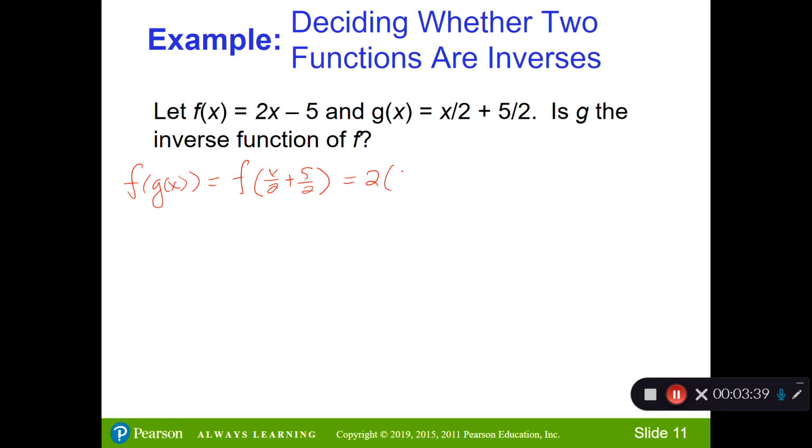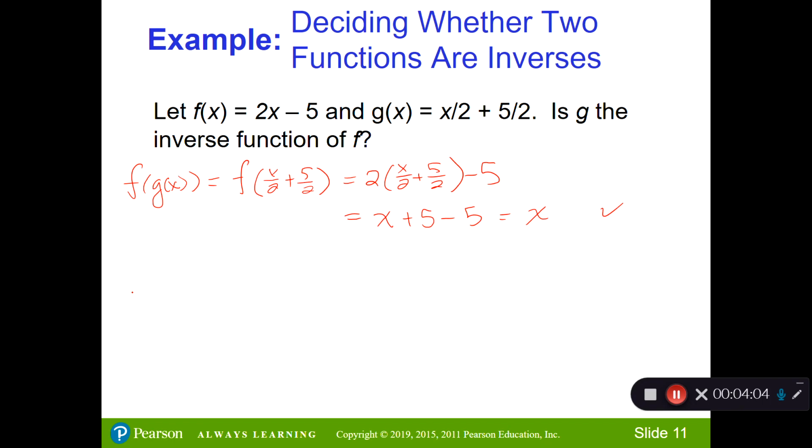So 2 times this x is now this guy, x over 2 plus 5 over 2 minus 5. Go ahead and distribute the 2, and we get 2 times this divided by 2. We'll leave just x. And the same thing here, we'll leave just plus 5 minus 5. And we get just back x. So that works in that direction.